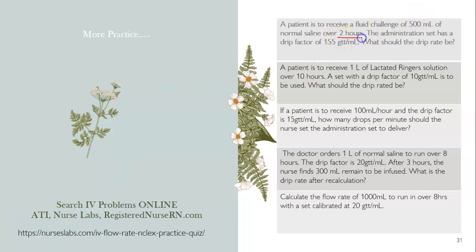Over 2 hours, 500 mils with a drop factor of this. Set it up the same way, change those hours on the bottom to minutes. So I got 500. How many minutes? 60 and 60, 120. Make sure you do the math right, or it won't come out.